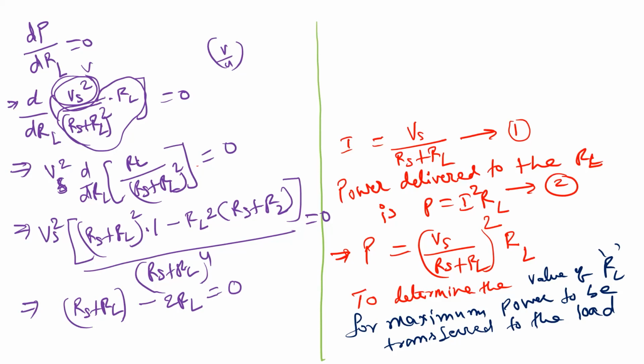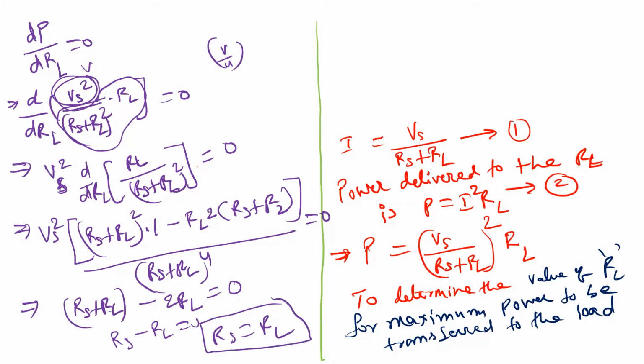After taking common one (Rs plus RL), you will get (Rs plus RL) whole power cubed. When you cross multiply, you will get this equation. Now Rs plus RL minus 2RL is equal to 0, so that is Rs minus RL equal to 0. So Rs is equal to RL. This is the condition you want to derive.